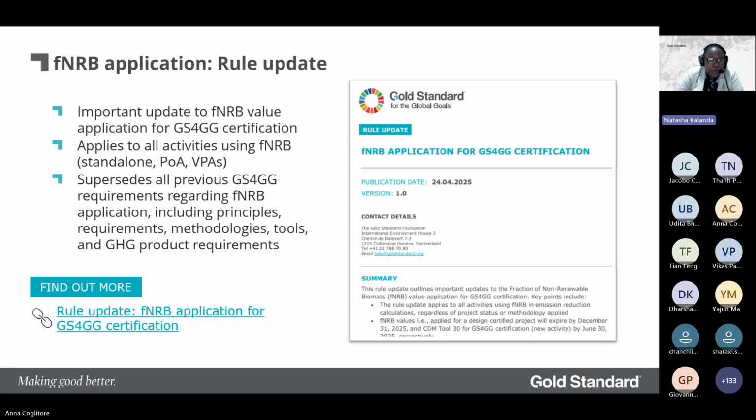It supersedes all previous GS4GG requirements regarding fNRB application. This means it supersedes requirements from methodologies, from tools, and from any requirements that have provided guidance on fNRB in the past. This will be the guideline moving forward. The rule update link has been provided here for reference in case anybody wants to take a deep dive into it.